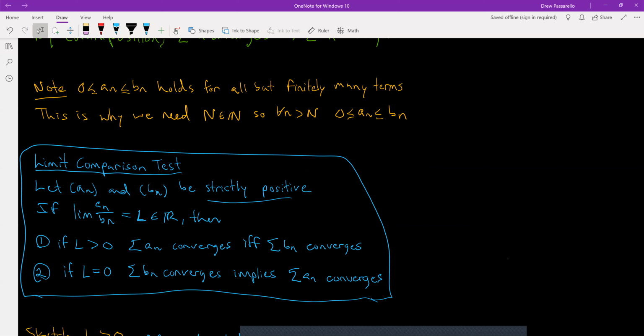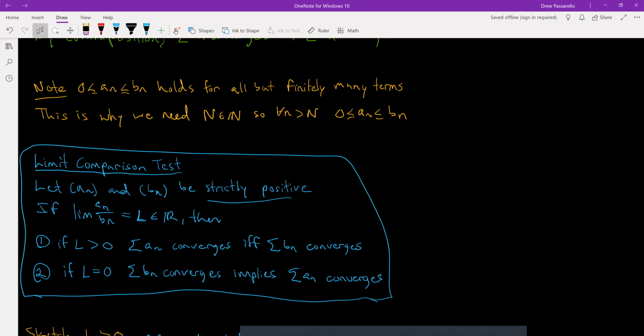All right, so it's strictly positive, so I would assume the limit is going to be greater than or equal to 0. The second thing is that if we have the limit L equals 0, then the convergence of the series Bn implies the convergence of An series.